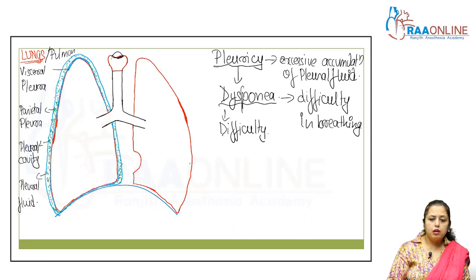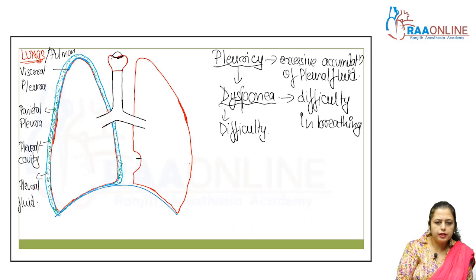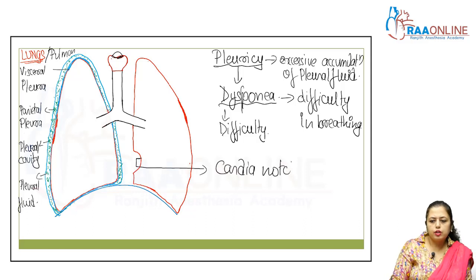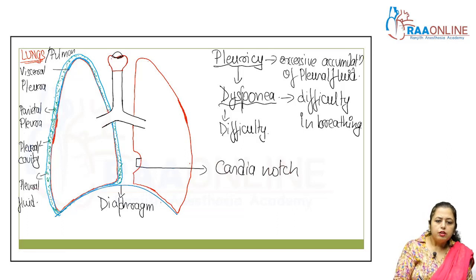So due to the increase of that condition, and because we know that this is called the cardiac notch, and this dome shaped structure is known as the diaphragm, right? Right lung is divided into 3 lobes, and left lung is divided into 2 lobes.